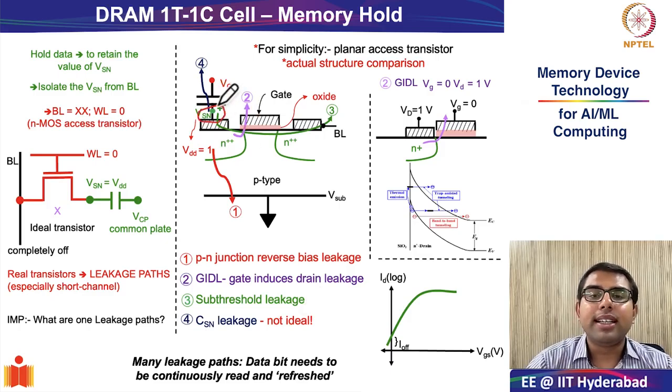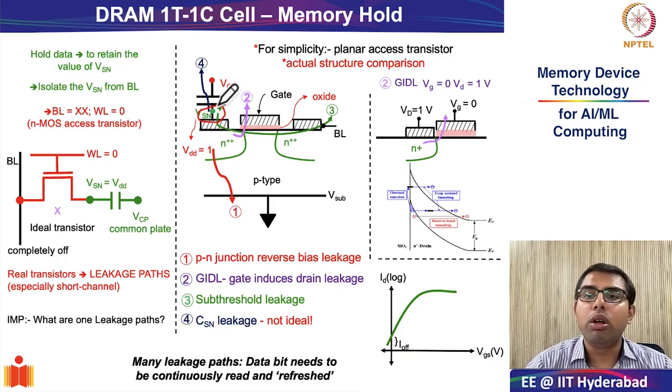And because the charge in the storage node can leak out, it mandates that you have to keep restoring or refreshing the data or the charge or the voltage on the storage node. And this is where even DRAM derives its name from. Therefore, it is called dynamic random access memory.